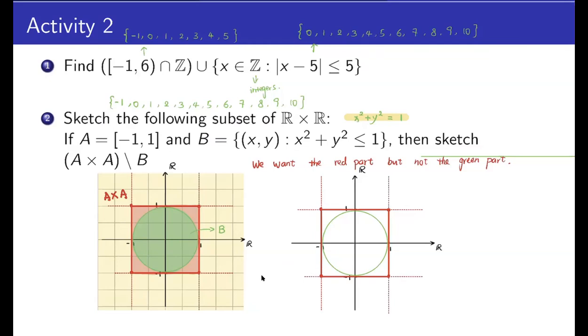So I'm going to use another color. Let's use blue. So we want this part. Now my question is, do we want the square itself? We want the square itself, so let me draw it out.